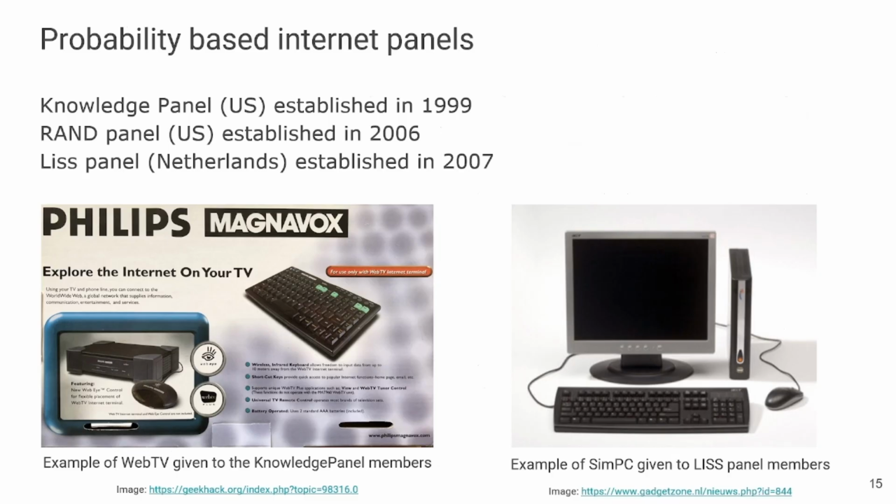Going back to probability online panels, I started working at Knowledge Networks, and at the time we still had some web TVs. I couldn't bring one because it's a bit big, but you can buy them on, I think, eBay. This is a picture I got from eBay. The web TV was a brilliant idea from Norman Nie, where you give everybody a box that you plug into your TV, and there's a wireless keyboard.